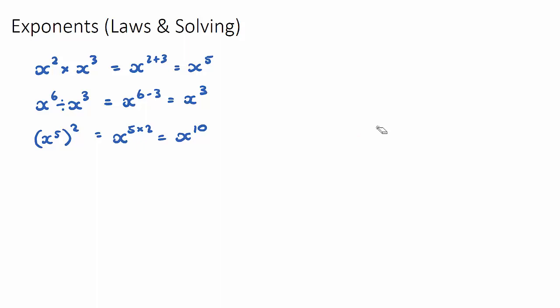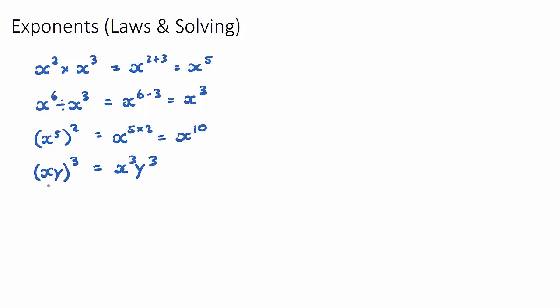Okay, fourth one, if you have, let's say, x, y, all to the power of 3, if you have two terms that are being multiplied and they have a power, what we can do is we can just split them up into the product of the two. So it would be x cubed times y cubed.